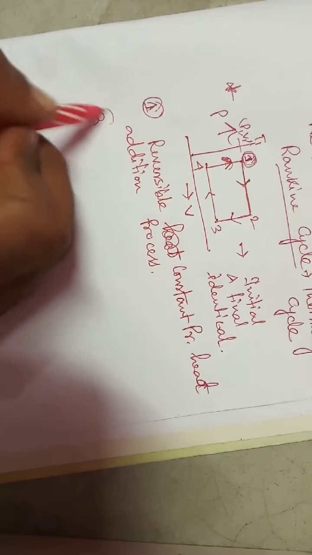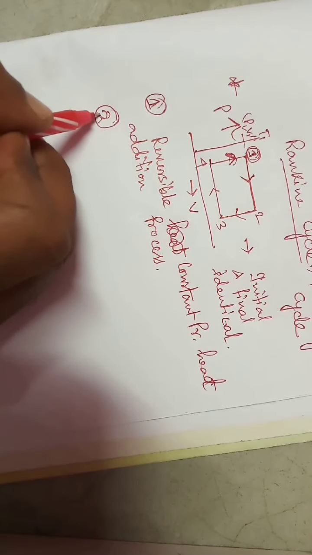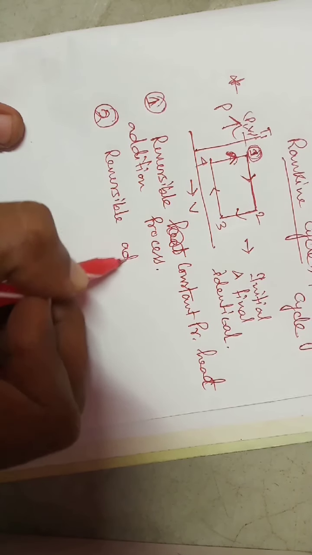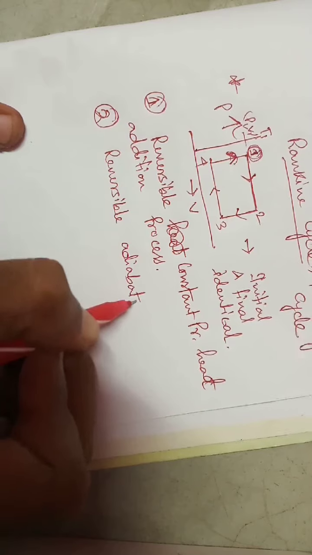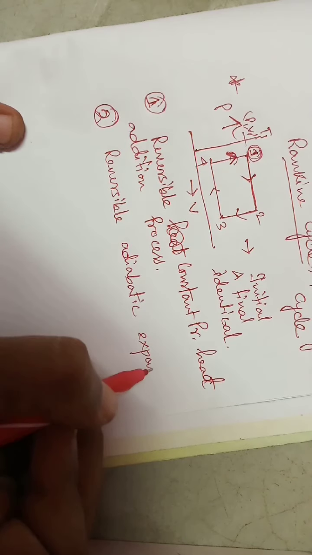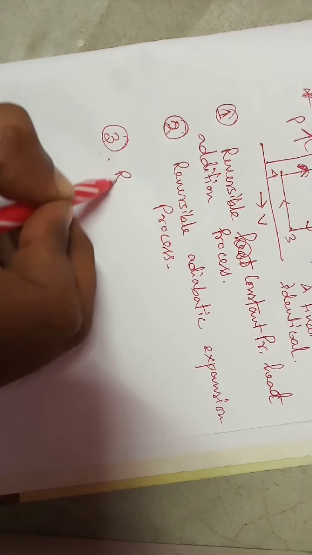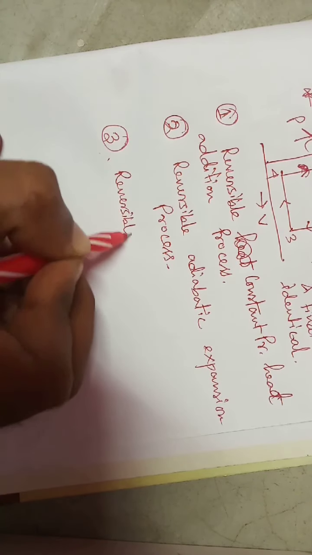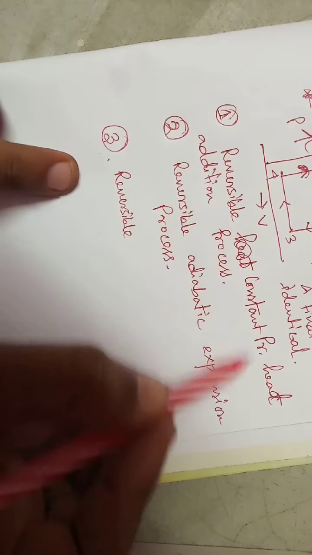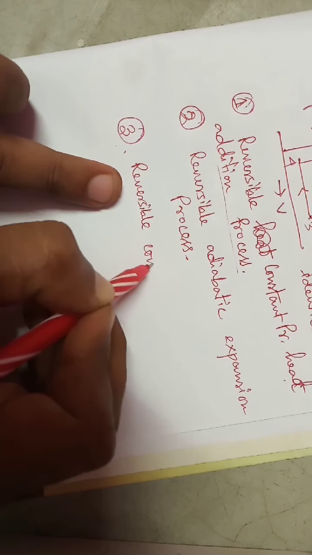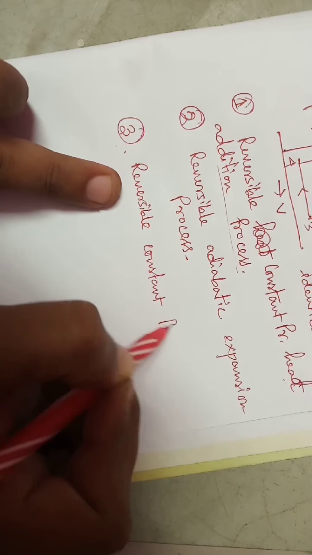The second one is a reversible adiabatic expansion process. The third one is a reversible constant pressure heat rejection process.